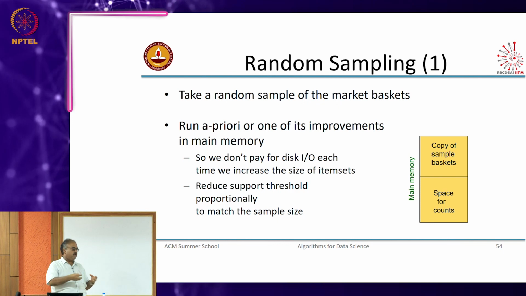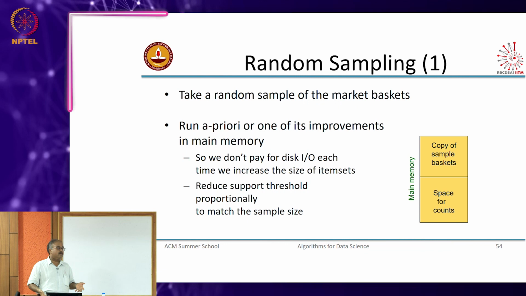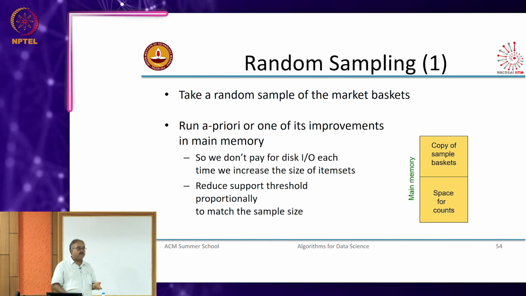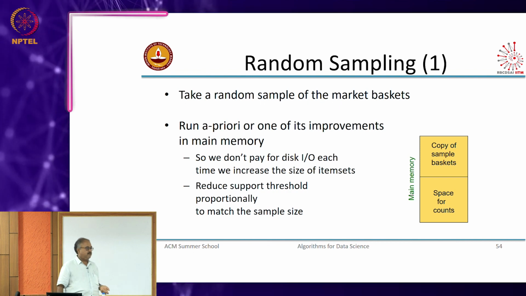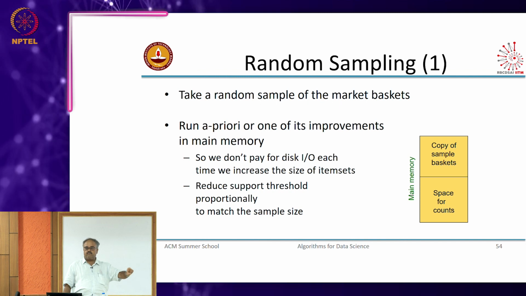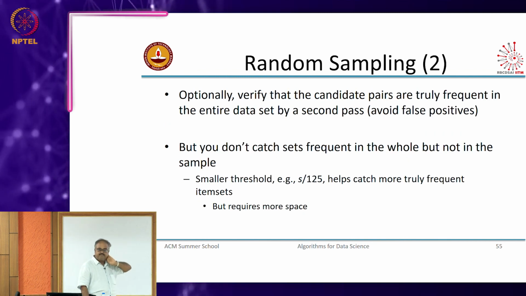So now you count all the candidate item sets in one shot on a second pass through the data. This is a pass through the disk, over the full data, not the sample data.